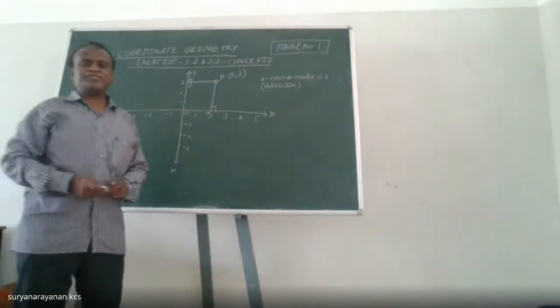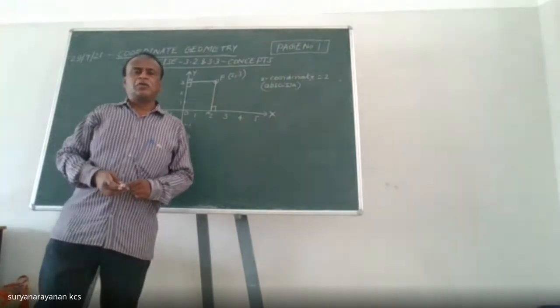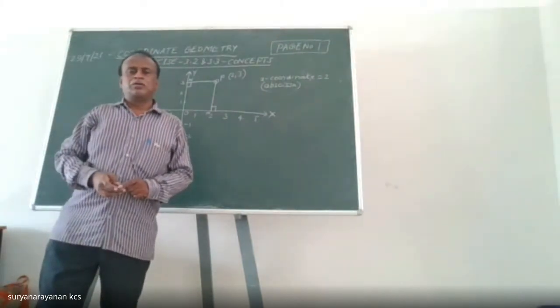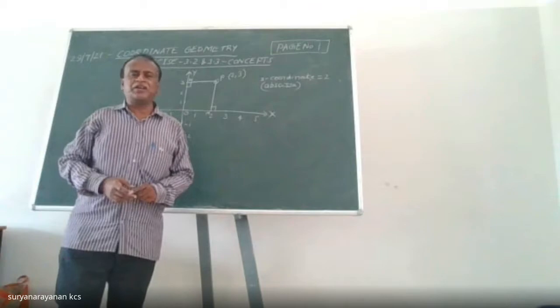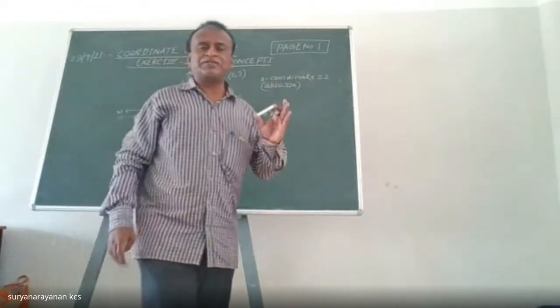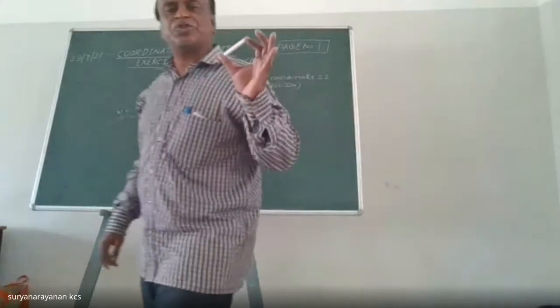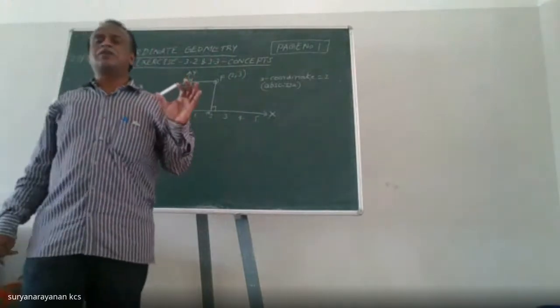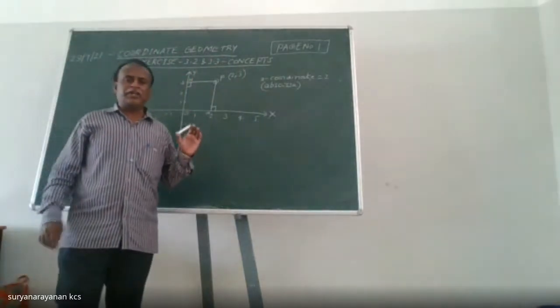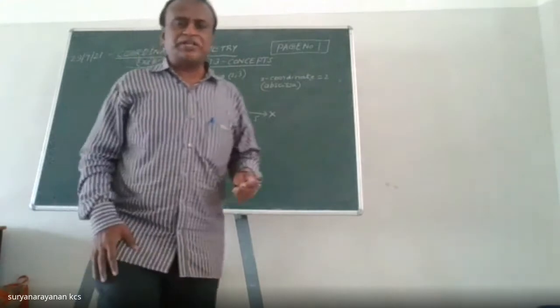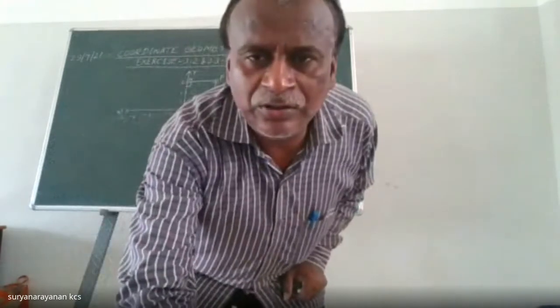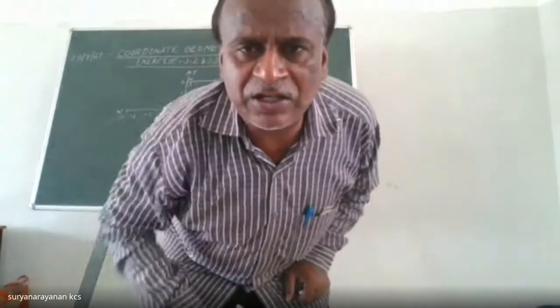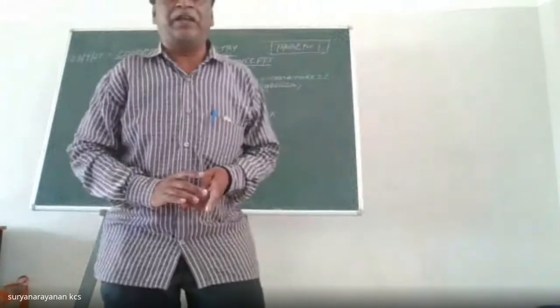What is the abscissa here? Sir, 2, 3. Abscissa means x coordinate only. Please listen to the question carefully. Don't give the answer blindly and simply.